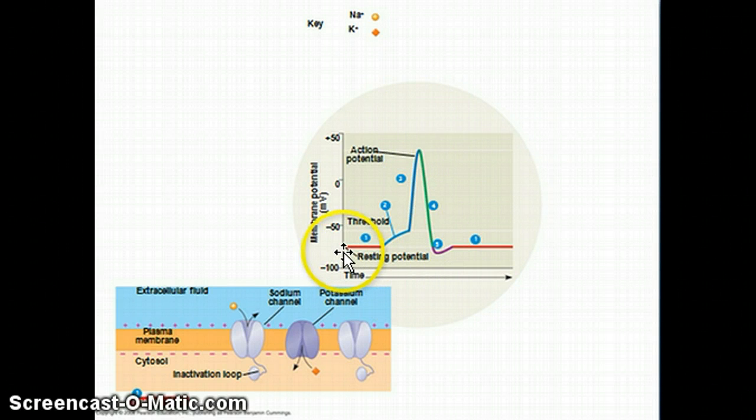The first part is our resting potential, at about negative 70 millivolts. At that point we have negative inside the cell and positive outside.